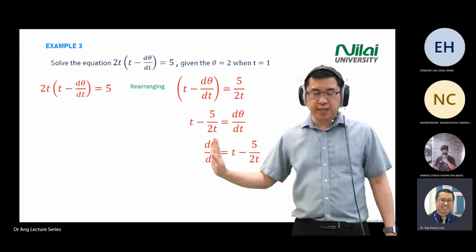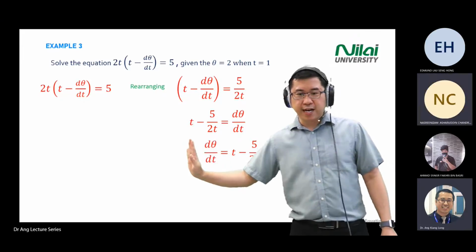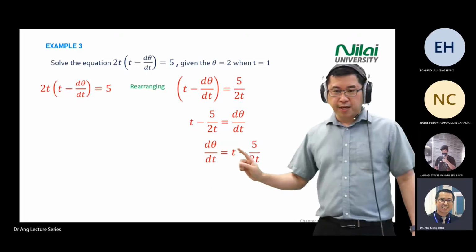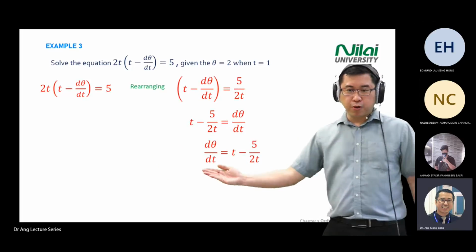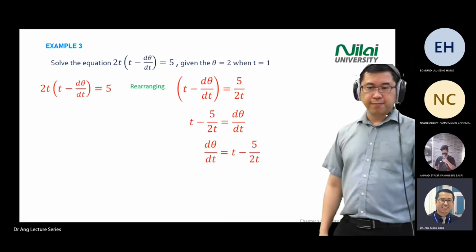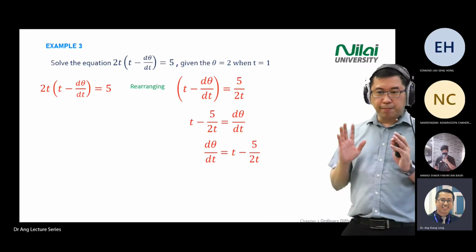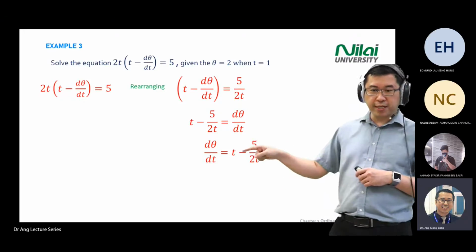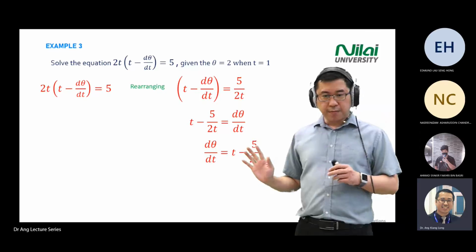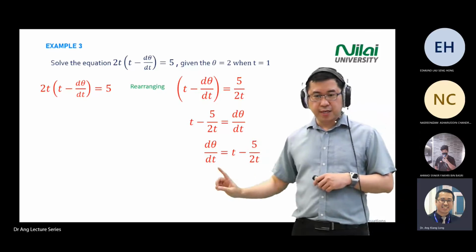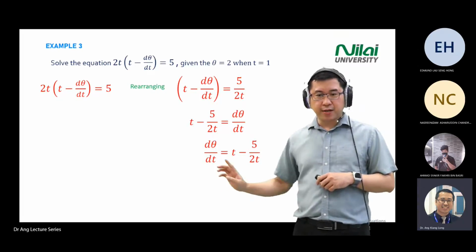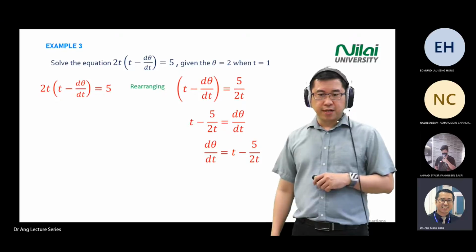For example, this one, d theta. If you have d theta, you put all the d theta on one side. If you have dt, then put all the dt on one side. That is the main objective. After you get d theta dt, you check your answer, whether you have put the thing on one side and one side or not.